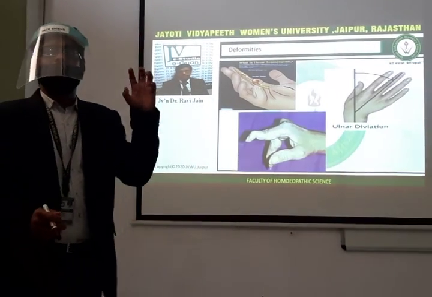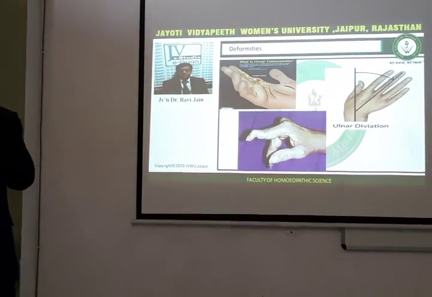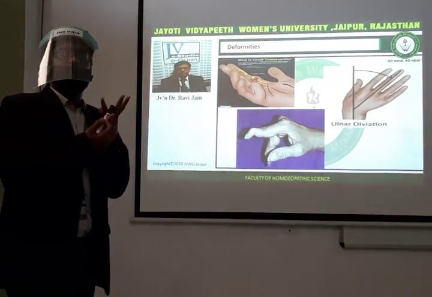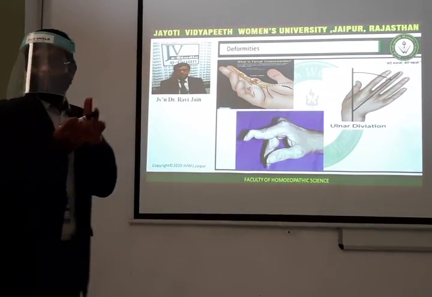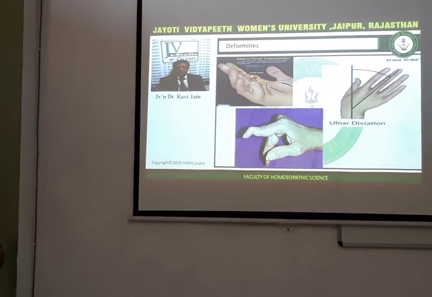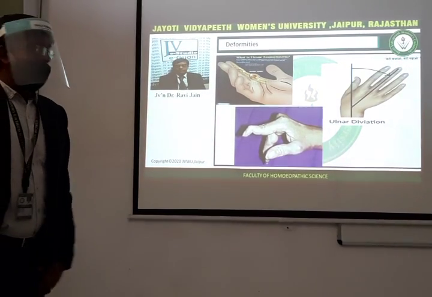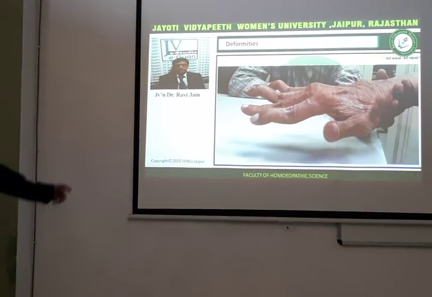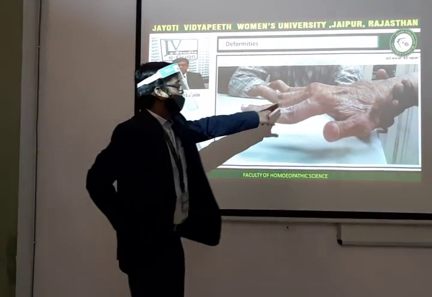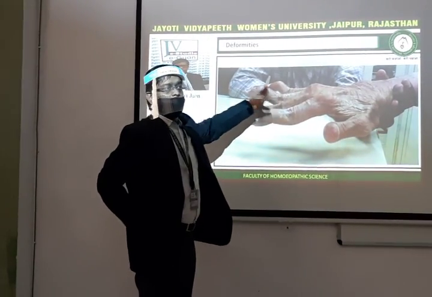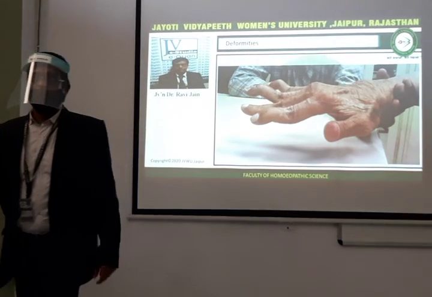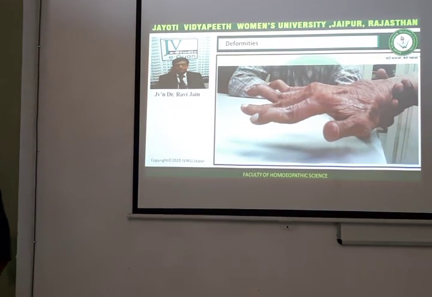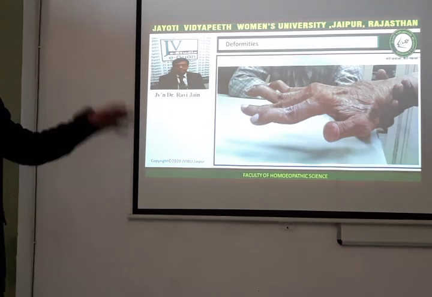The patient cannot straighten the fingers because there is hyperextension at the proximal interphalangeal joint and flexion at the distal interphalangeal joint. That is known as swan-like deformity. The patient comes to you with hyperextension of the proximal and flexion of the distal interphalangeal joint. The patient cannot hold anything.